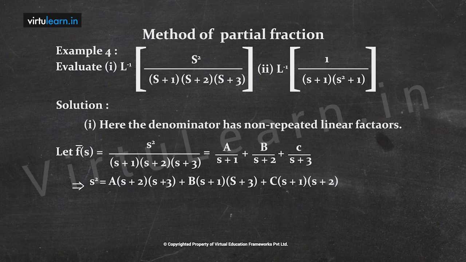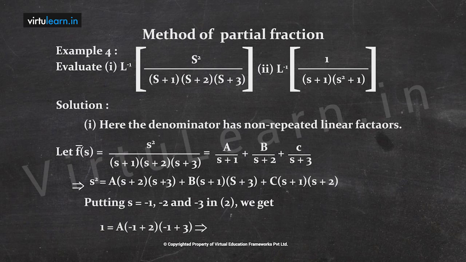Then for calculating the ABC values, put s equal to minus 1, minus 2 and minus 3 in the above equation. Then 1 equal to a into minus 1 plus 2 into minus 1 plus 3, the remaining all are zeros, so we get a equal to 1 by 2.